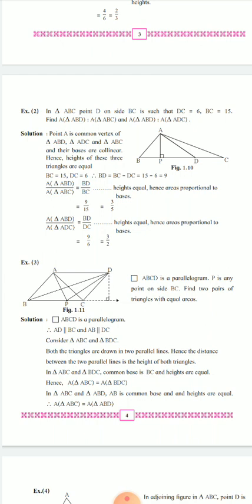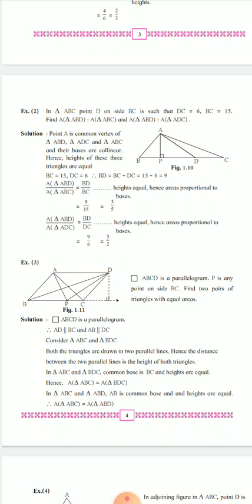Again, as in the previous case, the height is the same. Therefore we can say that the area of triangle ABC is equal to the area of triangle ABD.